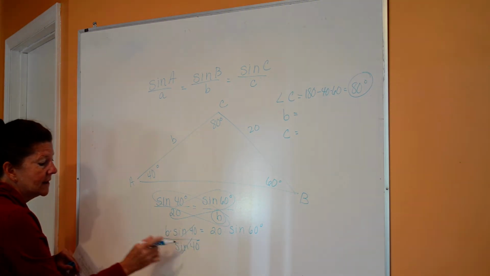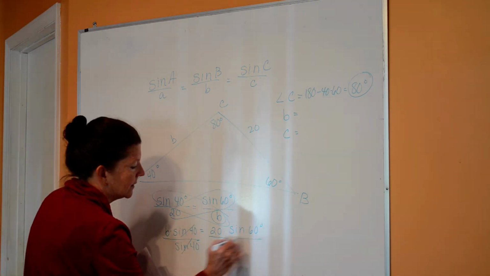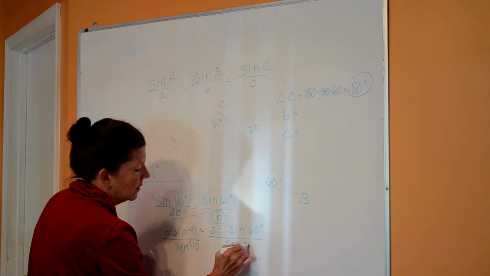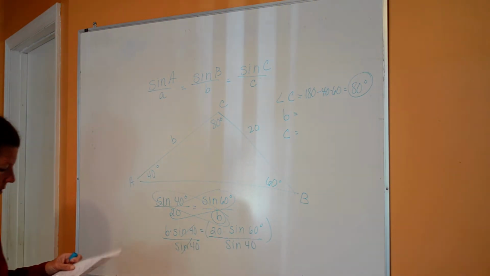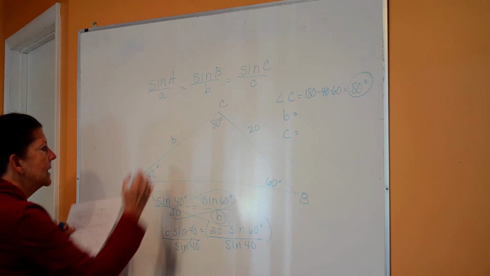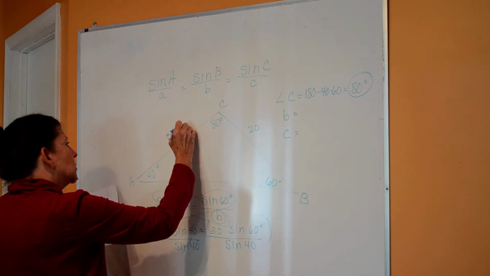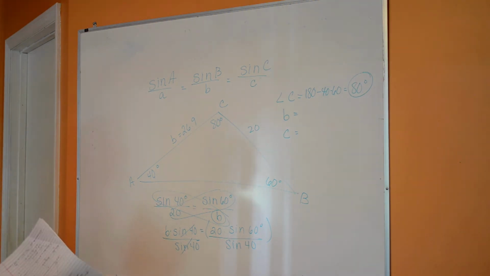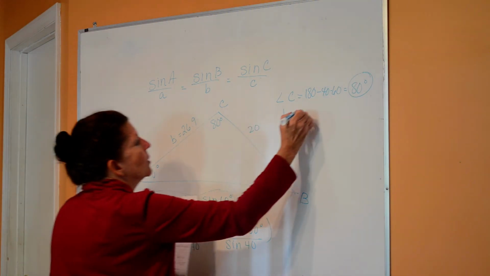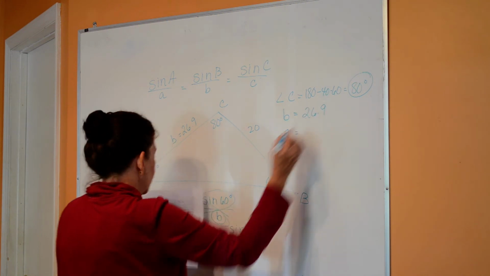I'm going to divide by the sine of 40 to get the b by itself. Make sure that whole top part is in parentheses. When I do that, I get that b is equal to 26.9. Now be careful, the problems will probably tell you where to round to. So 26.9 is right there.